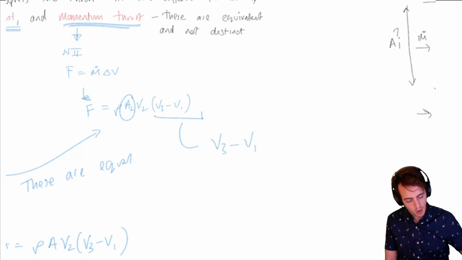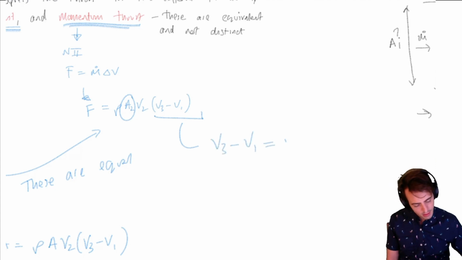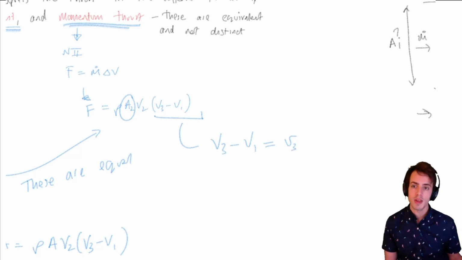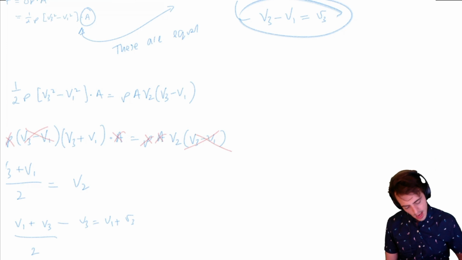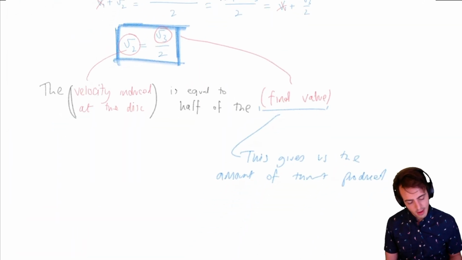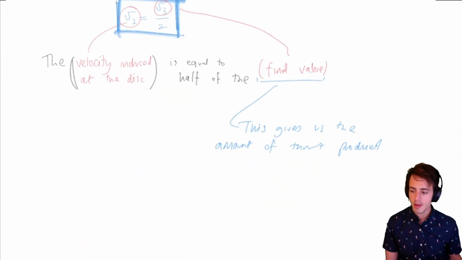V3 minus V1 is lowercase v3 here. So this is the bit that gives us the thrust, but it doesn't reach that value until it's all the way downstream, until it's reached its final value.